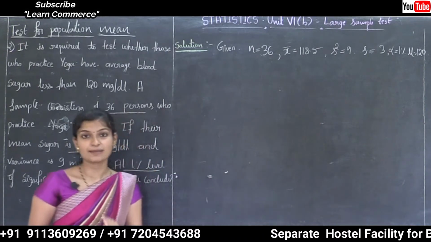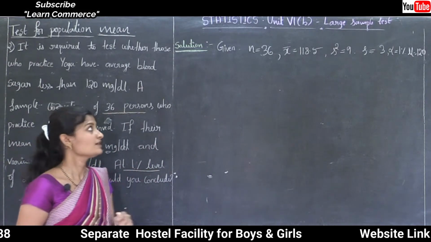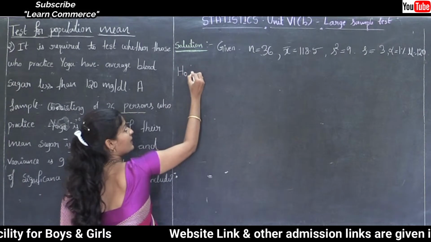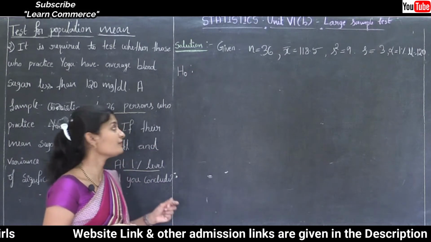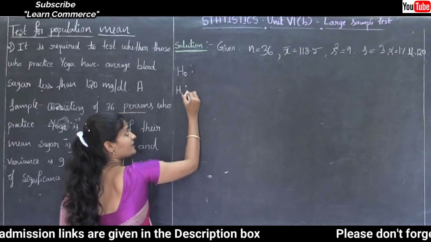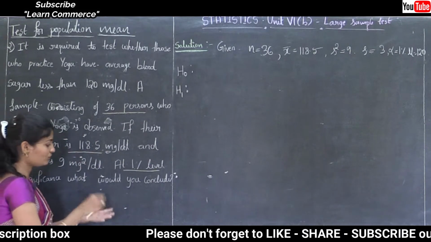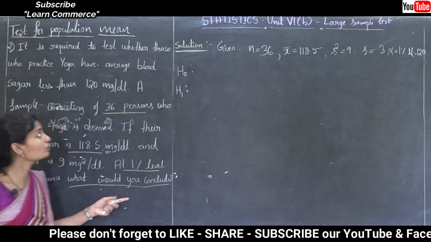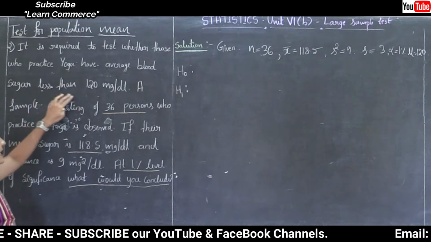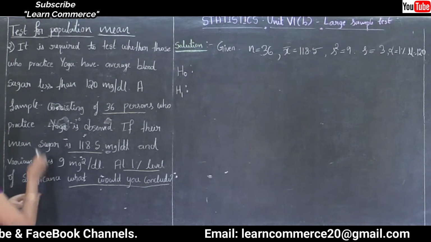In that, step 1 is setting up of null hypothesis. Null hypothesis is denoted by H naught, and step 2 is setting up of alternative hypothesis. Alternative hypothesis is denoted by H1. Here, what would you conclude? We need to conclude whether those who practice yoga have average blood sugar less than 120 milligrams per deciliter.